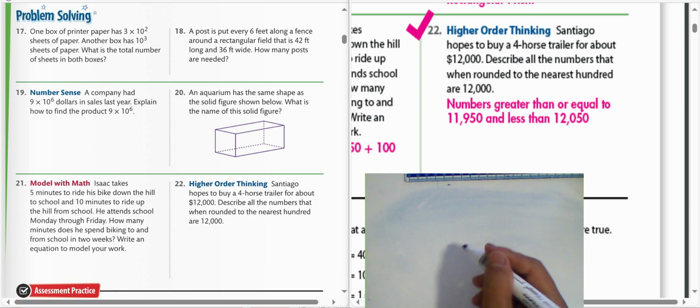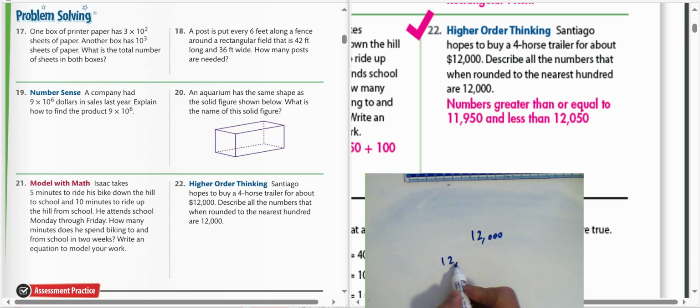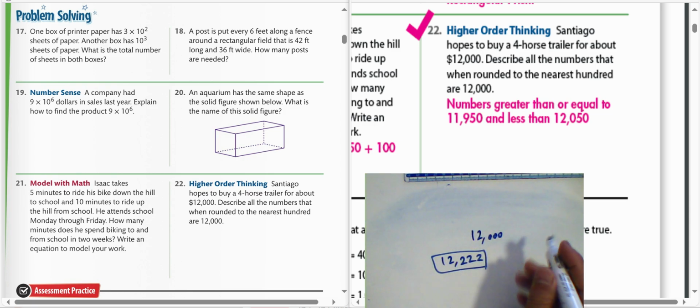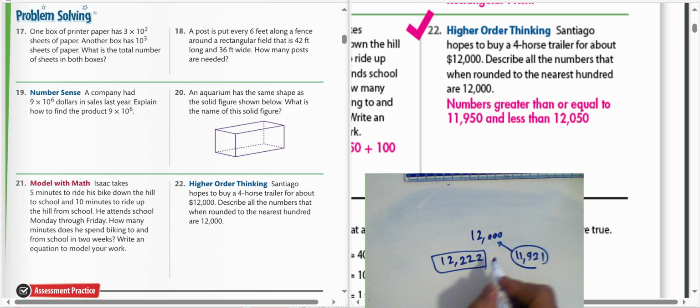We have 12,000. We can write a number like 12,222. We can approximate it, or we can write less than, like 11,921. It's less than the number. You can write greater than or less than.